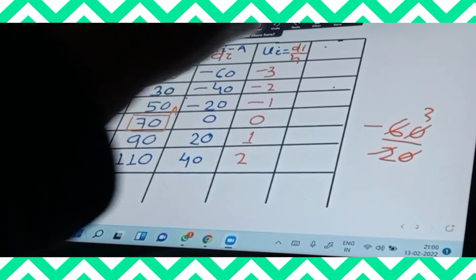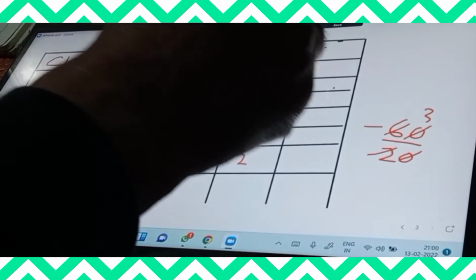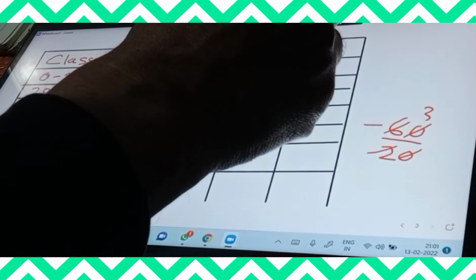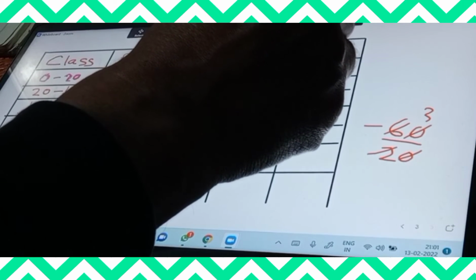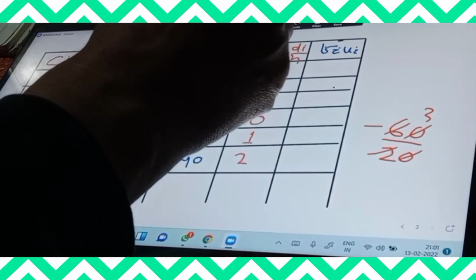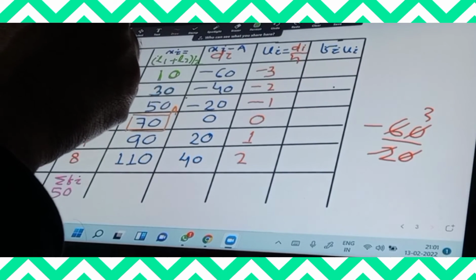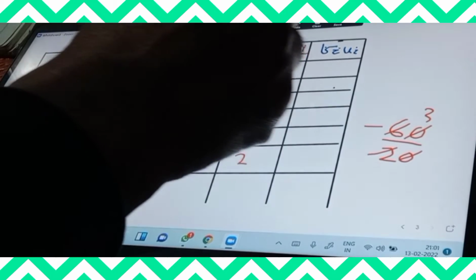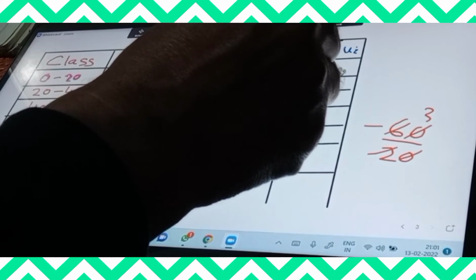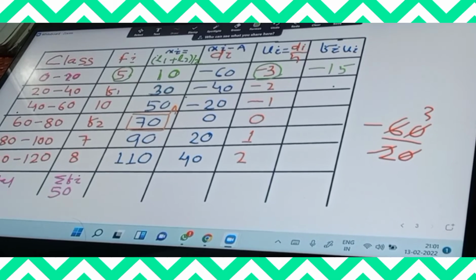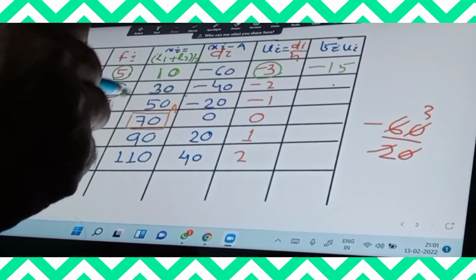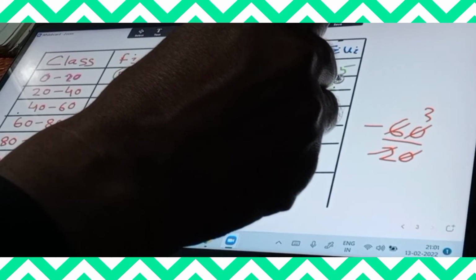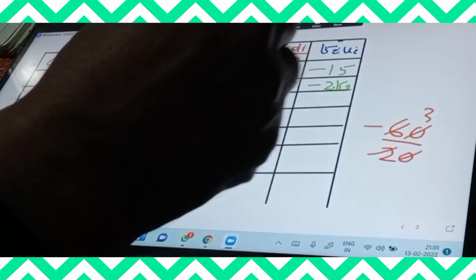After that you have to find out fi ui. The value of fi ui means you have to multiply fi with the corresponding ui. 5 into minus 3 is minus 15. Similarly, f1 into minus 2 is minus 2f1.